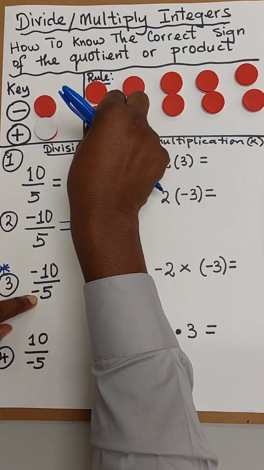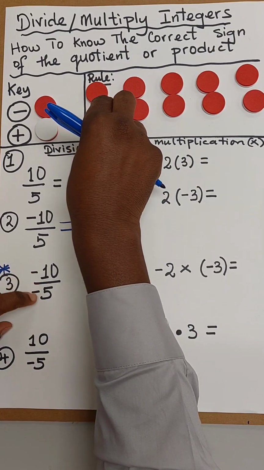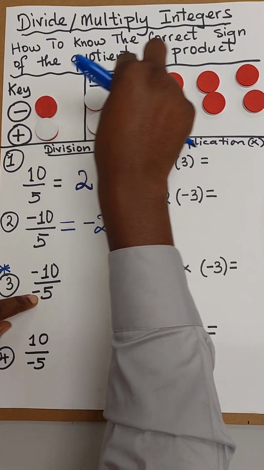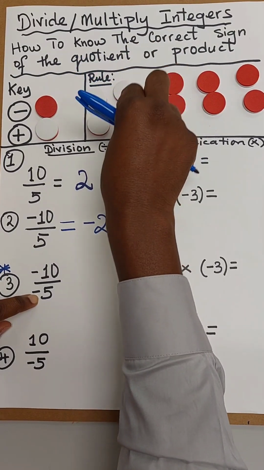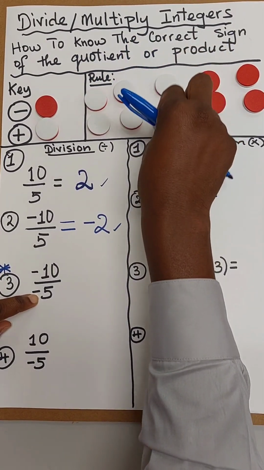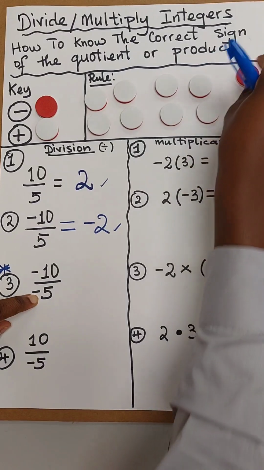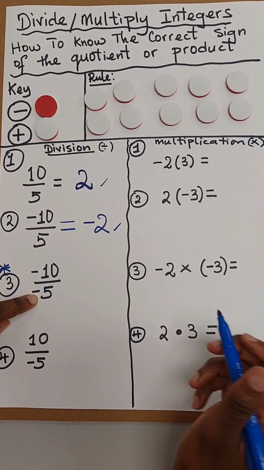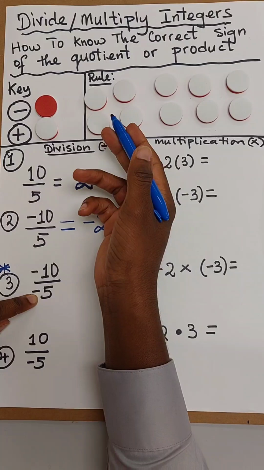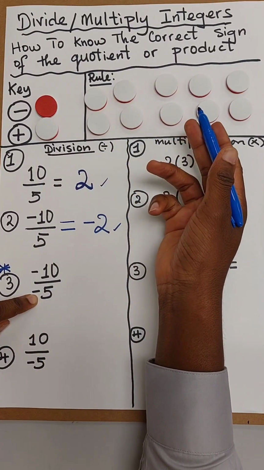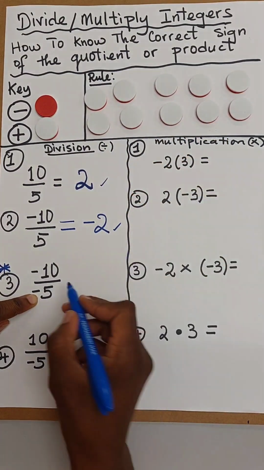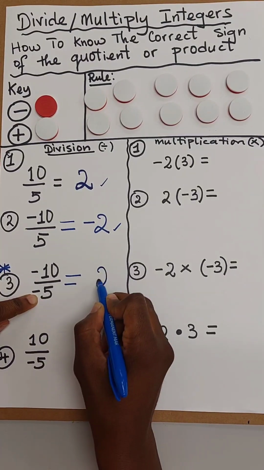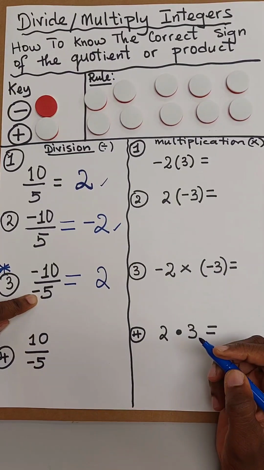So the negative 5 at the denominator will reverse the chips. The negative 10 chips will reverse so they can divide. Now it becomes 10 white chips divided to 5 people, and each person will get 2 white chips now, not red anymore.